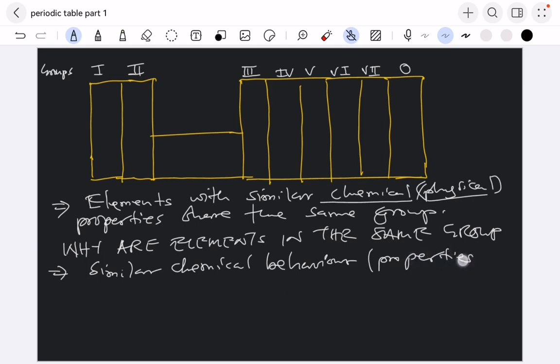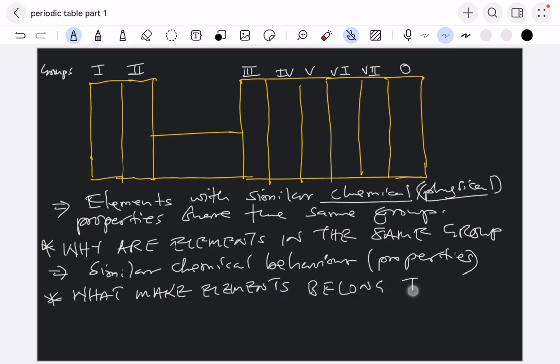So they exhibit similar chemical properties. The other question is what makes elements belong to the same group?